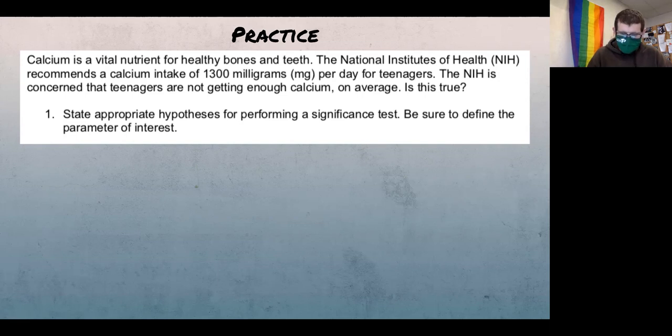So let's figure out the parameter of interest first. What are we trying to estimate? This is an inference test. Just like we were inferring about the population when we were doing confidence intervals, we are inferring about the population based on this. Are we dealing with proportions or means? Looks like means in this case, because we're asking whether the average teenager gets 1,300 milligrams per day of calcium.